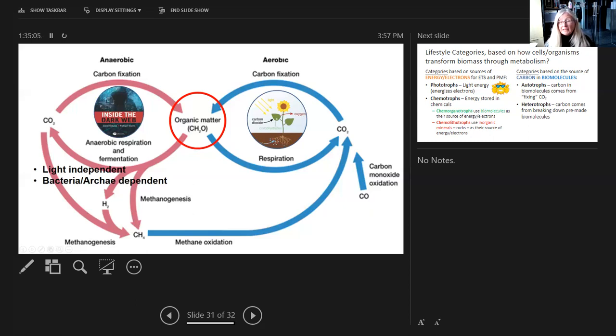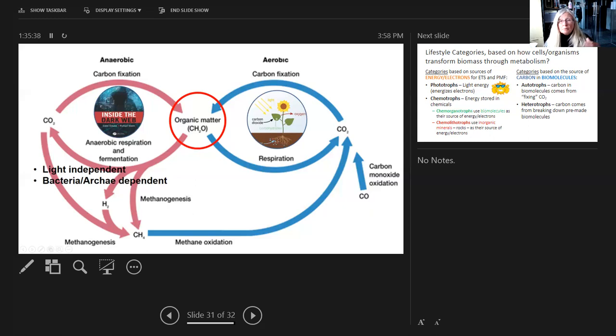So methane is the end product, if you will. When you're doing aerobic respiration, the end product is water. When CO2 is the final electron acceptor, you get methane. And the supplies of methane, natural gas in the ground, are a result of this dark web of carbon. And a lot of other stuff too, which I won't bother going into, just methanogenesis being an important part of that whole thing.